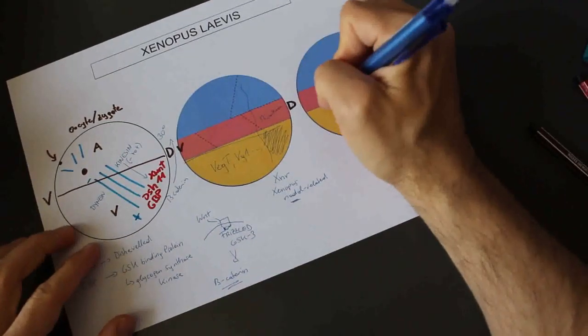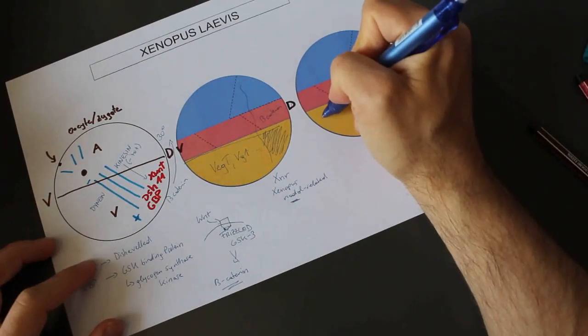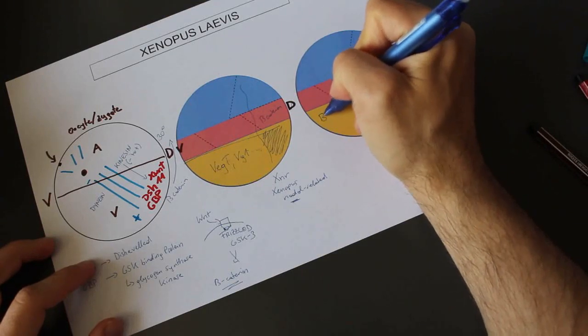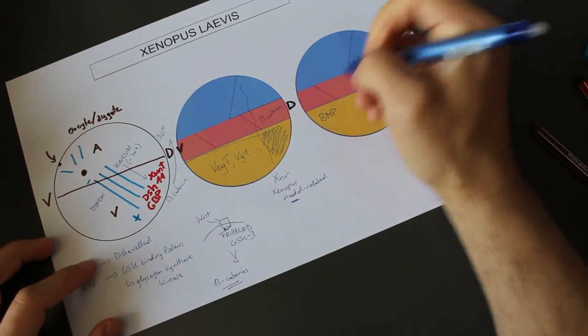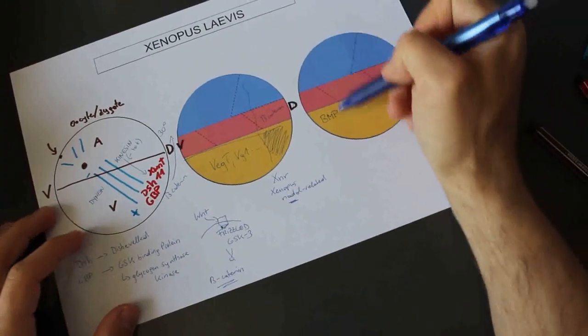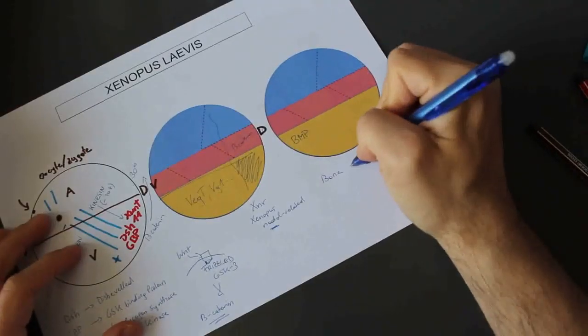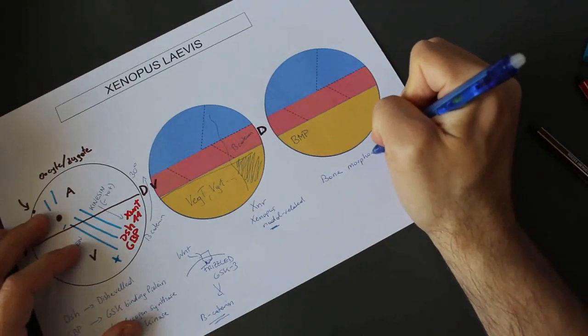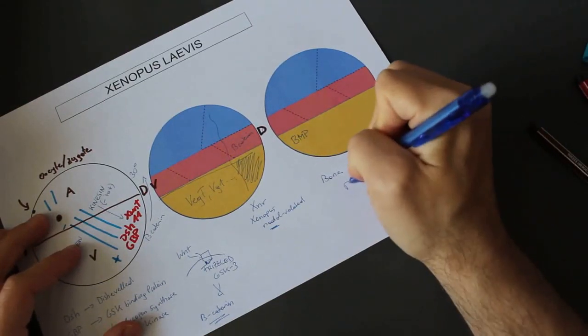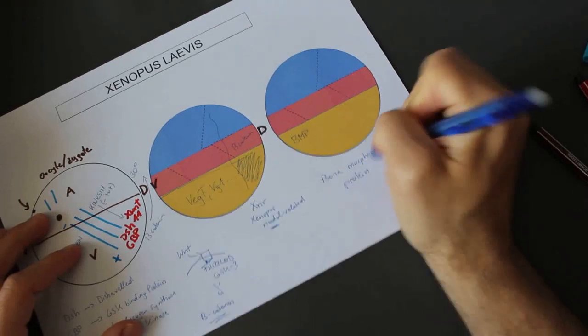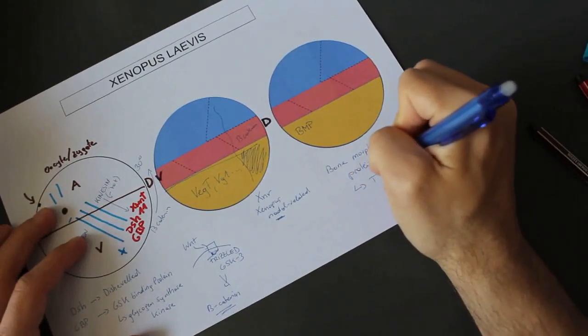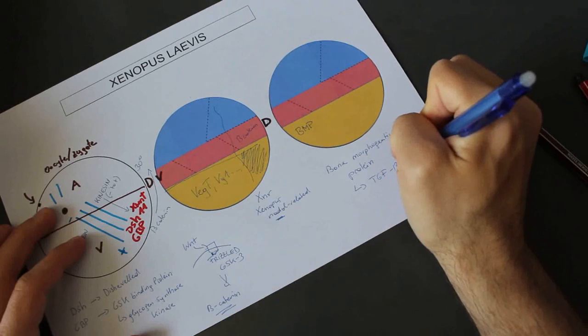All right, I'll tell you something else now, which is BMP. BMP is the bone morphogenic protein, which is part of the TGF-beta signaling pathway.